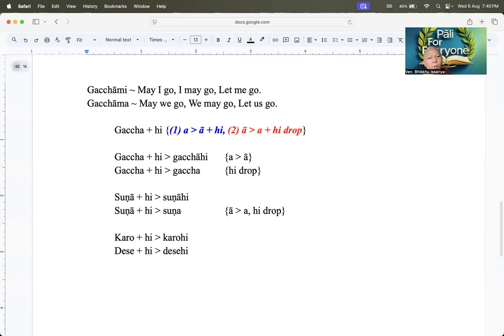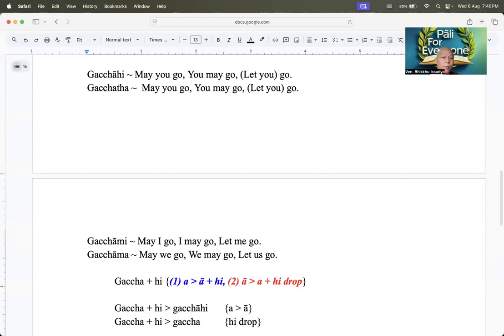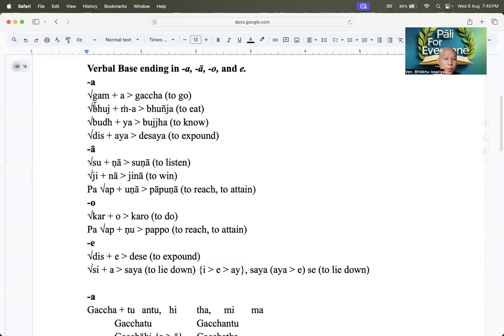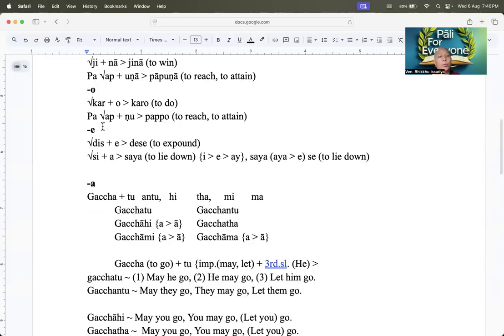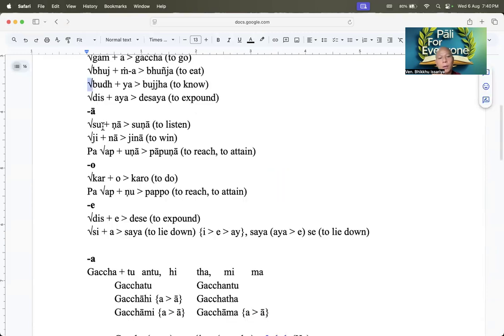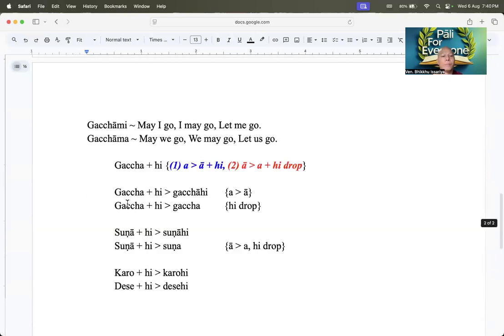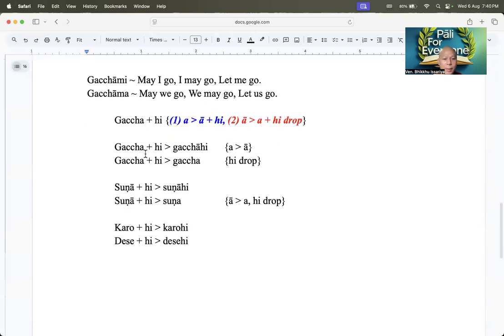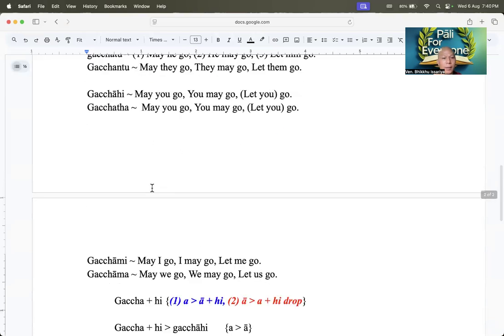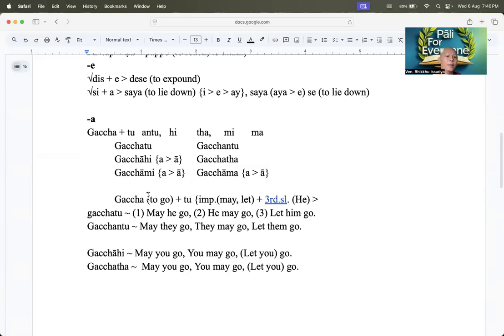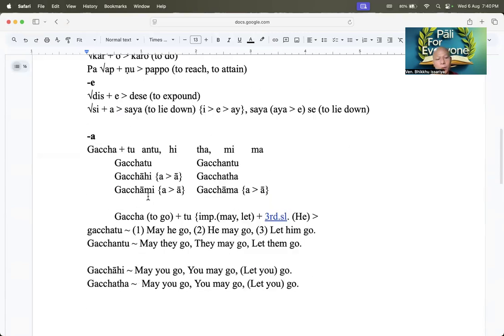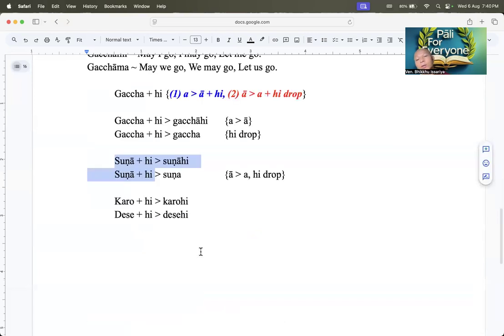So now, with these four types of bases, we can form all roots. But we need to notice that for the a base and the o base, in the second person singular there will be two forms, like gaccha, hi, and then suṇa, hi, in this way. But the other, like garo, hi, and then passa hi, only one form.